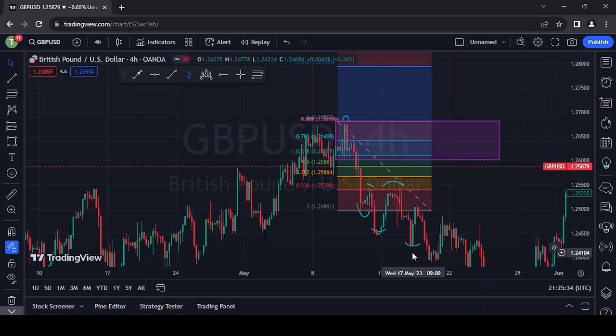So if you have the knowledge of supply and demand trading with the knowledge of the Fibonacci trading concept, you will have an edge in the market over other traders. Now, quickly, I'll be talking about how to use the expansion and the extension. After that, we'll do a back test so that you can see how it worked out.